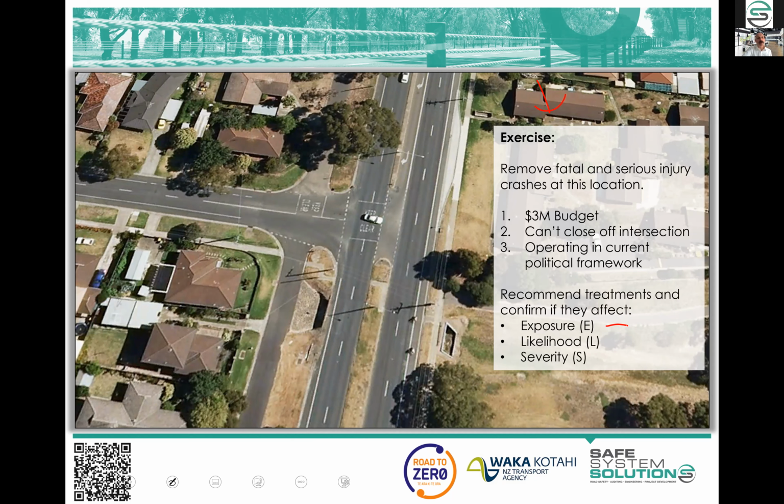So maybe you say, oh, I want to do a flyover at this intersection, a grade separation, whatever you want to call it. Now you might go, I don't know how much that's going to cost, or how much infrastructure or community consultation costs.